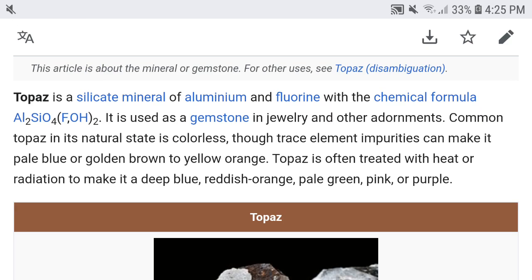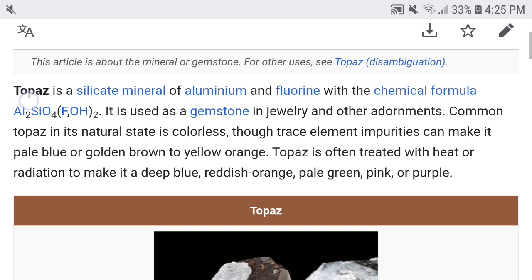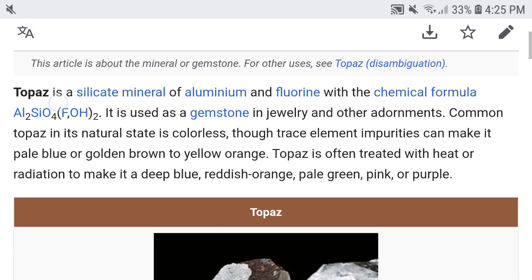Topaz is a silicate mineral of aluminum and fluorine with the chemical formula, okay, that aluminum silicate, F OH. F is fluorine, I guess, and OH will be hydroxide. Okay, that's interesting. So it's basic then, huh?